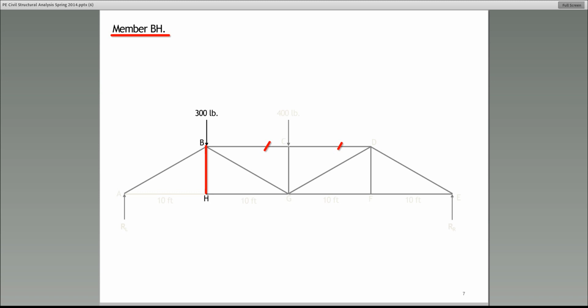By the way, please remember, Arash mentioned this in one of his comments. These members in the truss are two force members. What that means is the force can only act along the member. All right? These are all called two force members.